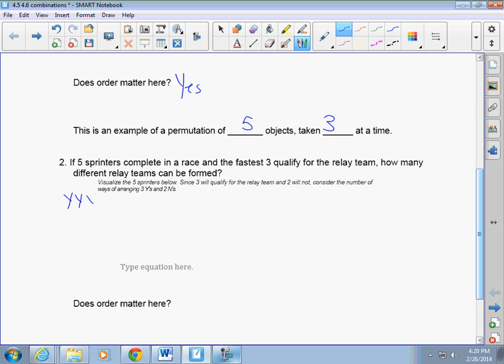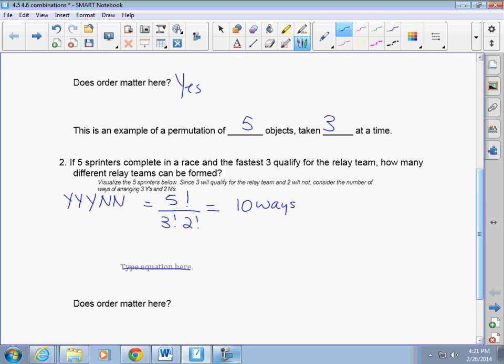We have 3 people who make it onto the relay team and 2 that do not. So we have 5 factorial ways of arranging those people, but we've got repeats in there, so it's 5 factorial divided by 3 factorial times 2 factorial. Well, that's 120 divided by 12, which is equal to 10 ways.